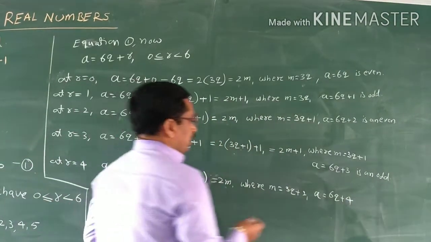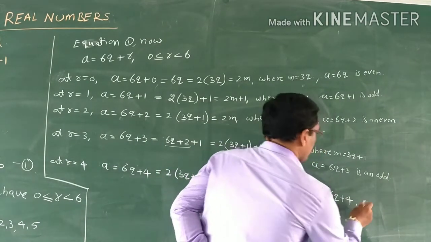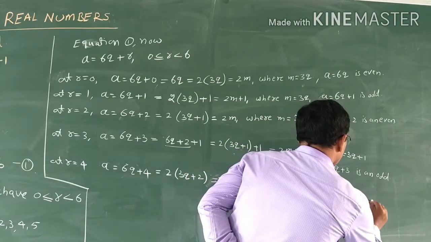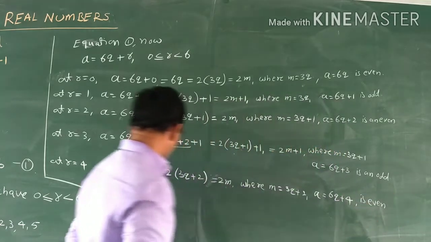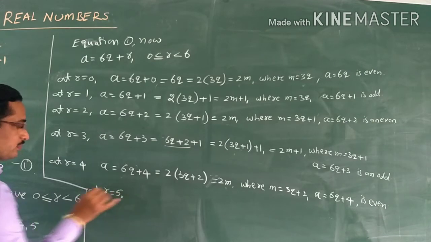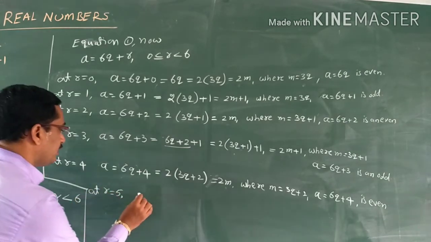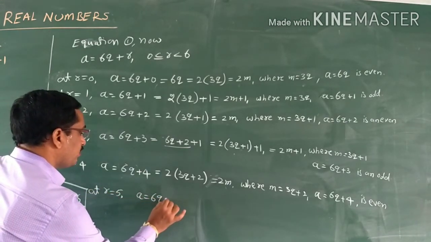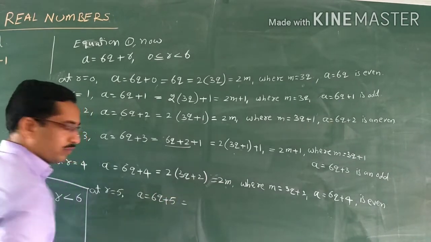Now at r equal to 5, a equal to 6q plus 5.